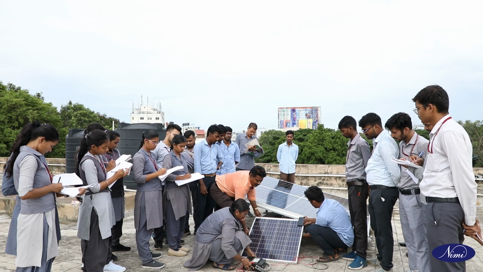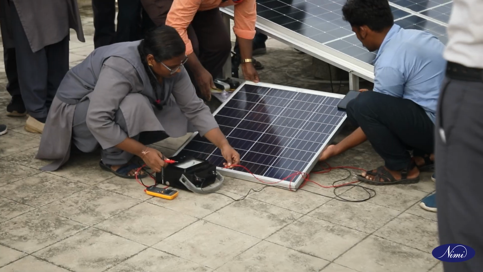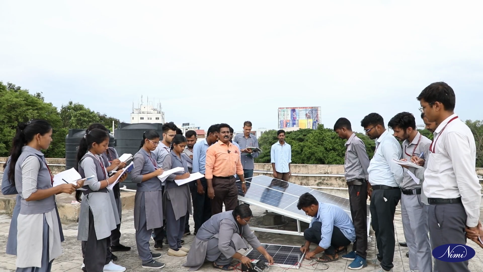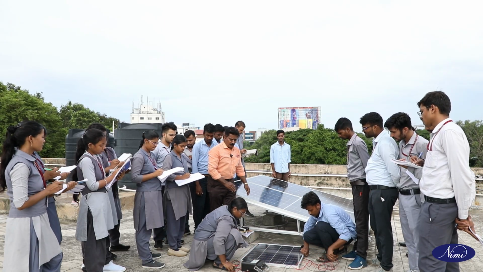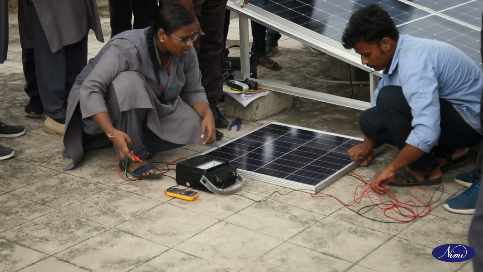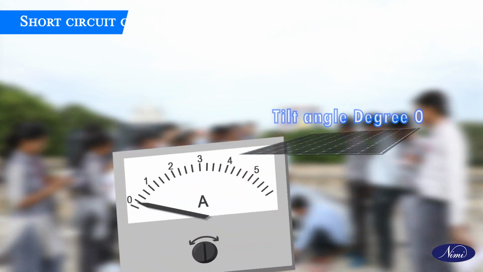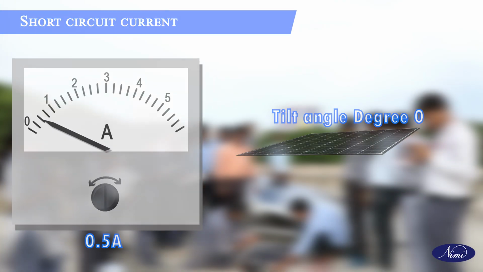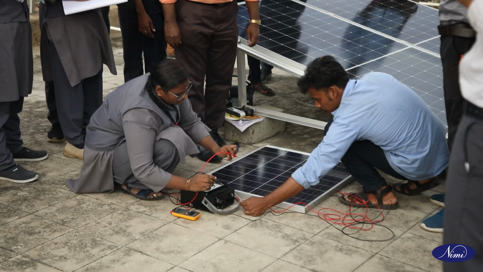Now, we are going to put the panel in the horizontal position, that is a 0 degree tilting angle. Now, we are going to measure the short circuit current and open circuit voltage. Measure the short circuit current. It is around 0.5 amps. Measure the open circuit voltage.